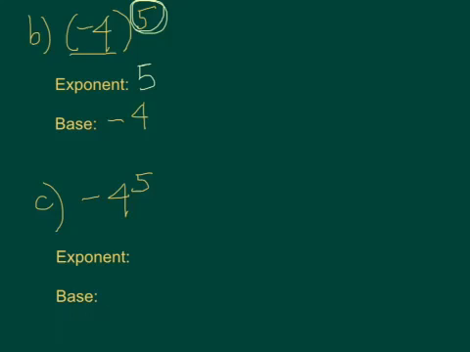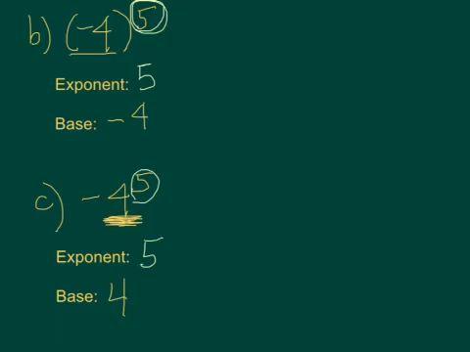All right, so let's look at our next one. Now this one's a little bit tricky. Notice here, our base is the number that's being multiplied. What's the number that's being multiplied? It is 4. Only 4. How many times is it being multiplied? 5.